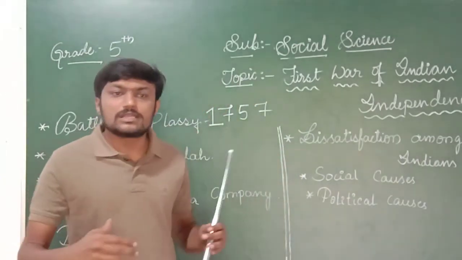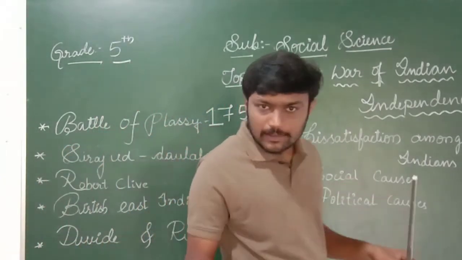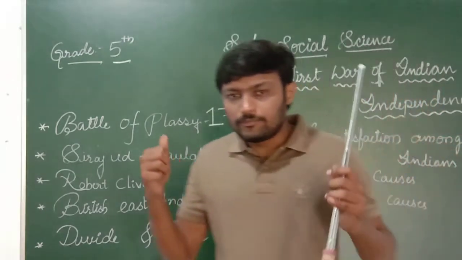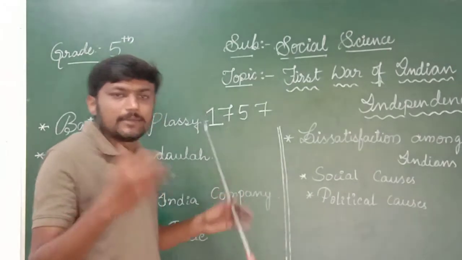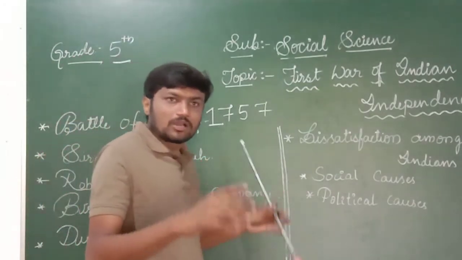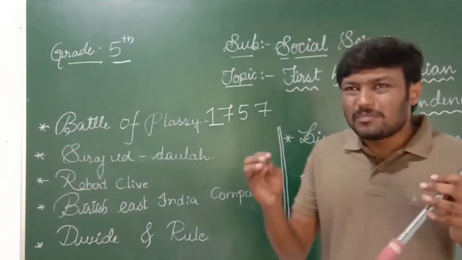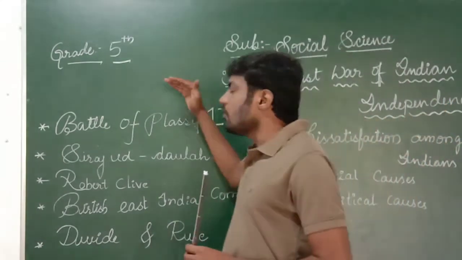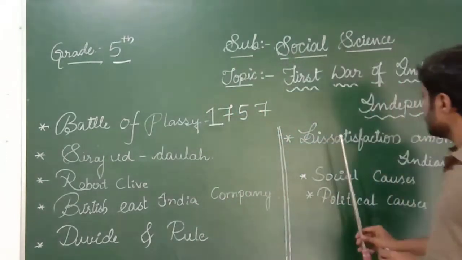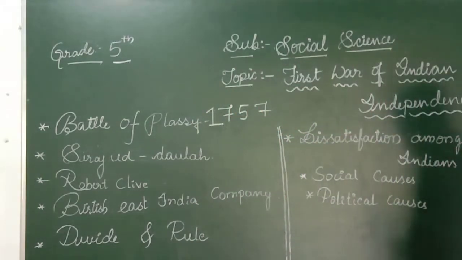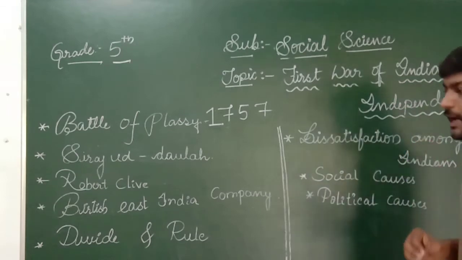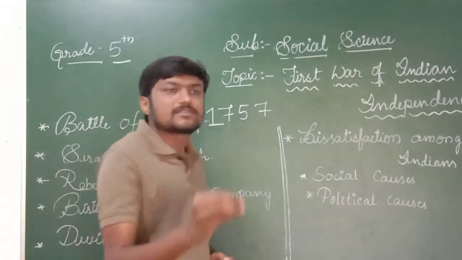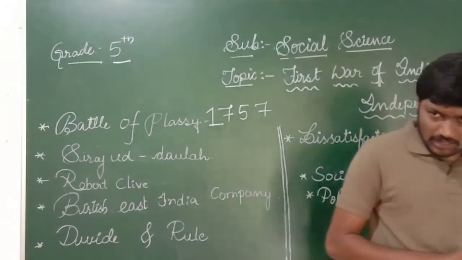I mean, they lost their kingdom, their businesses, their armed forces, and many other rulers defeated by the British government lost their kingship also. Some of the rulers who surrendered are working under the rule of the British. So it creates dissatisfaction among the Indians. I mean, dissatisfaction is created among the Indian rulers as well as the people of India.